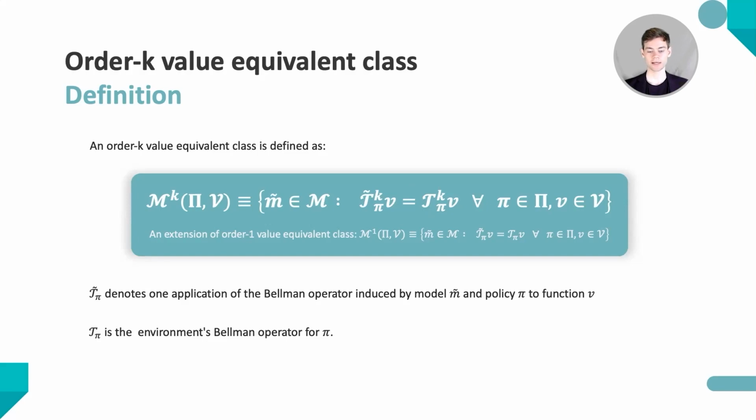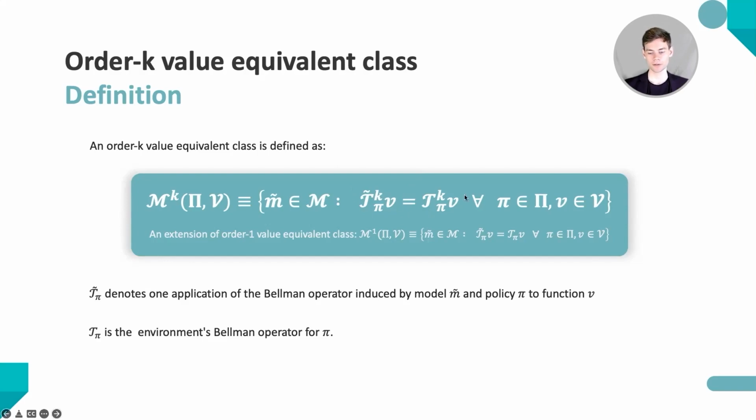What we say now is that after K applications of this perfect Bellman operator, or the Bellman operator contingent on the perfect model, that will give us the same answer as applying the simplified Bellman operator, or the Bellman operator associated with the simplified model, K times.